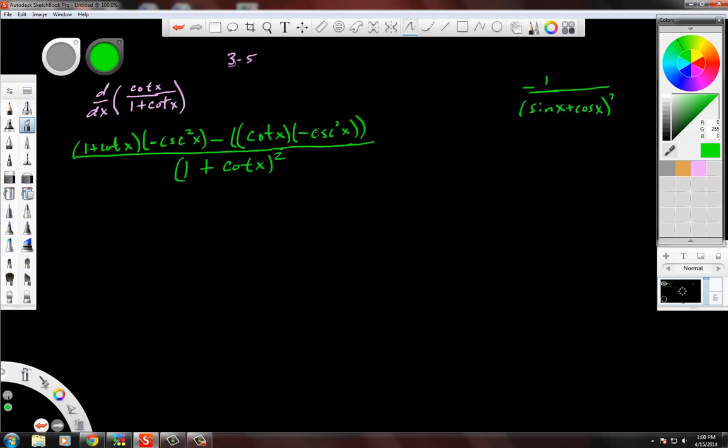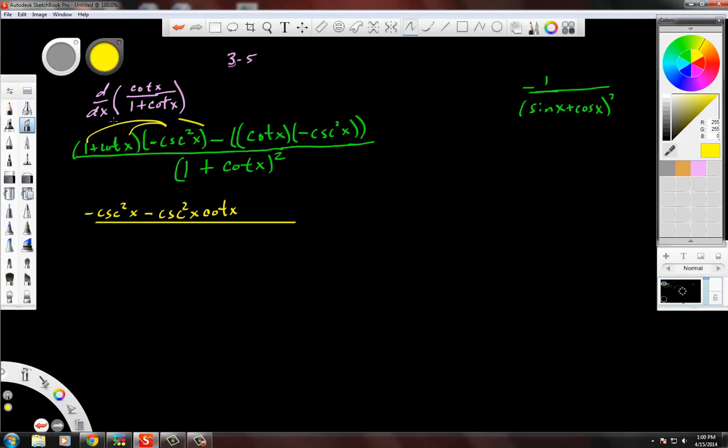Now let's clean this mess up a little bit. So we're going to go ahead and distribute through here on the top. Let me change this color. We're going to distribute through like this and see what we get after that. Okay, so we're going to have negative cosecant squared x times 1 is that, minus the cosecant squared x cotangent x.